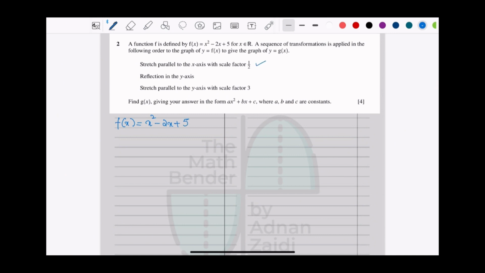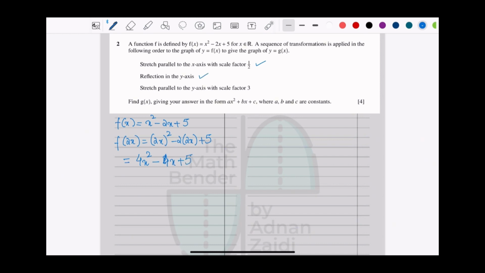A stretch parallel to the x-axis with a scale factor of 1 over 2 means f of 2x, because this will give a scale factor of 1 over 2. So instead of x, I replace it with 2x. So (2x) squared minus 2 times 2x plus 5 gives you 4x squared minus 4x plus 5.